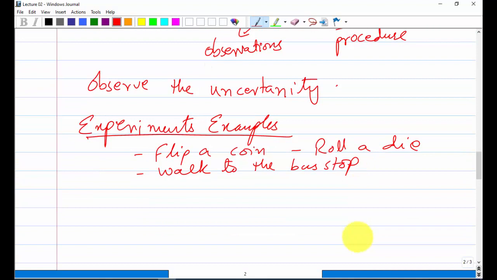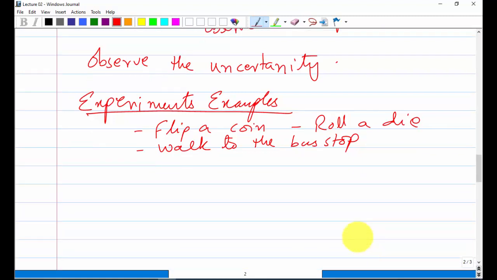Means all these things which we can do repeatedly, we will say that's an experiment.